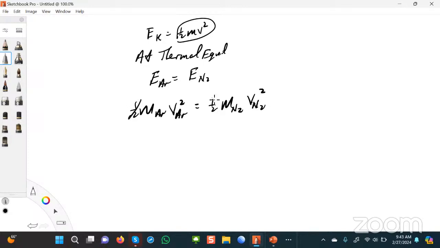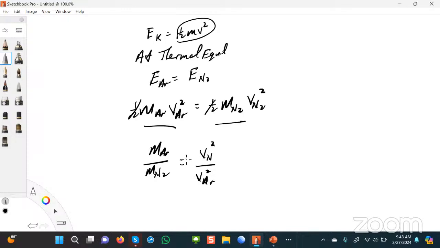The halves will cancel out. So what are we left with? If we look at the ratio, the mass of the argon divided by the mass of the nitrogen would be equal to the velocity of the nitrogen squared divided by the velocity of the argon squared.